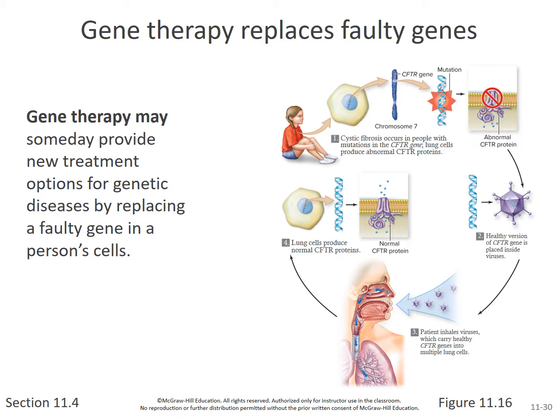Once that pig grows up to be an adult, every single cell in that pig has the modification. Well, gene therapy can focus on just particular cells of an organism. And so gene therapy is replacing faulty genes.